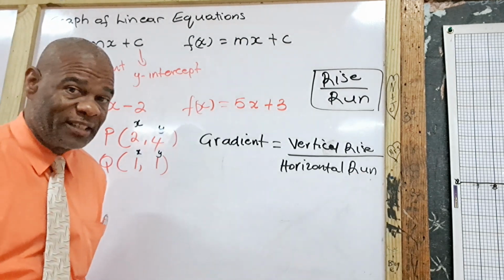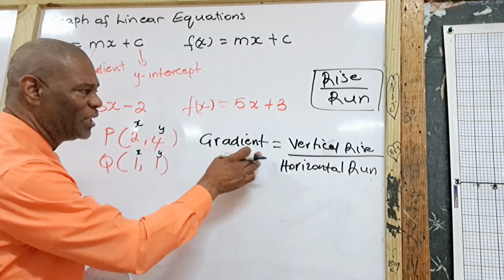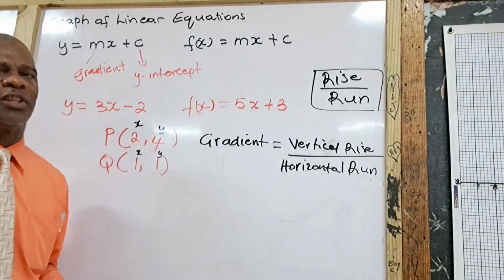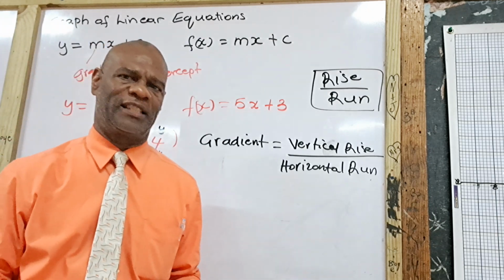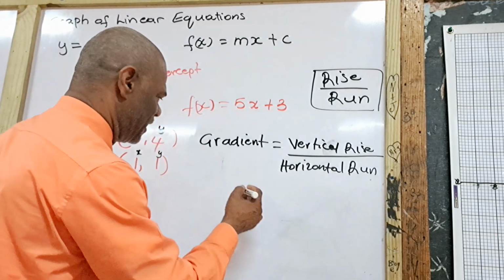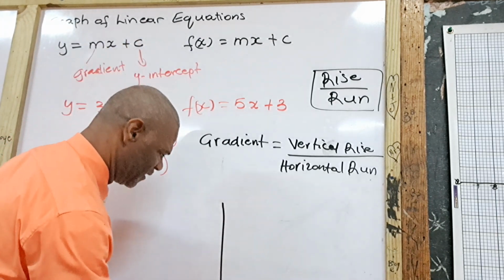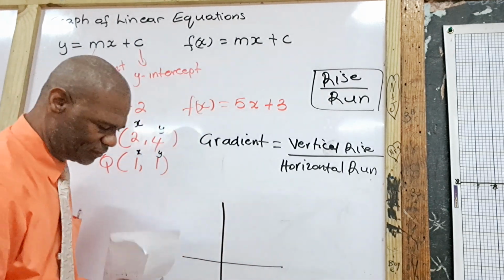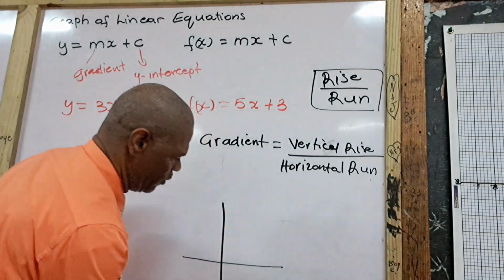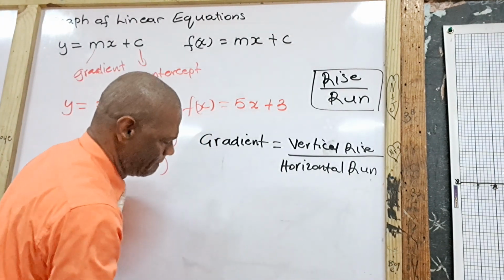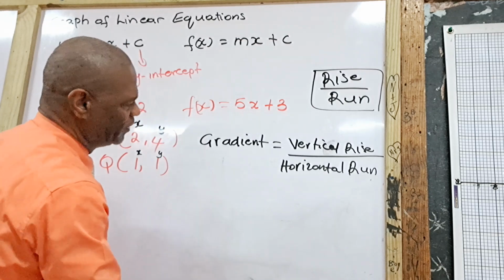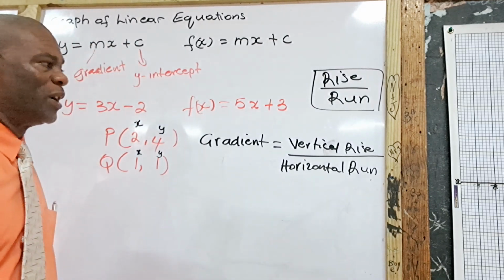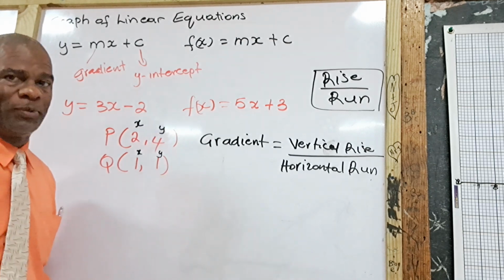Now, what does that mean? When we talk about vertical rise and we think about the x and the y axis or the Cartesian plane, when we talk about the vertical rise over the horizontal run, or rise over run, the vertical axis would be which one?